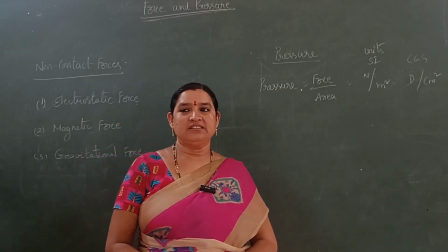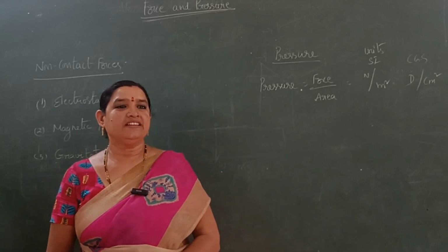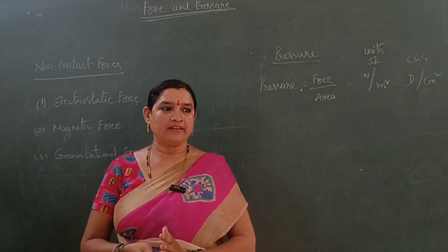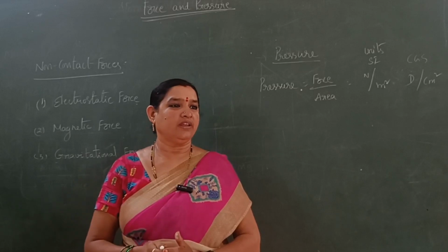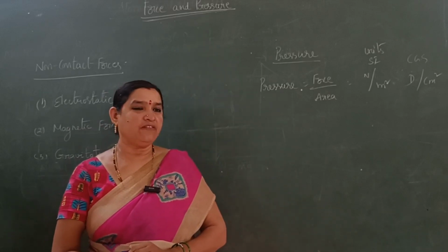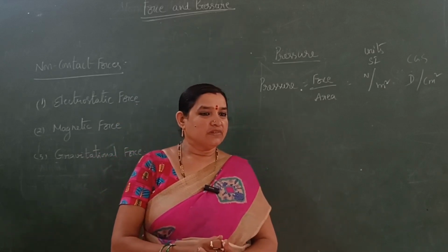The next one is non-contact force. This is also called force at a distance. Without having any physical contact, when one body exerts force on another body, it is called non-contact force. For example, you are very familiar with non-contact forces from playing with magnets.